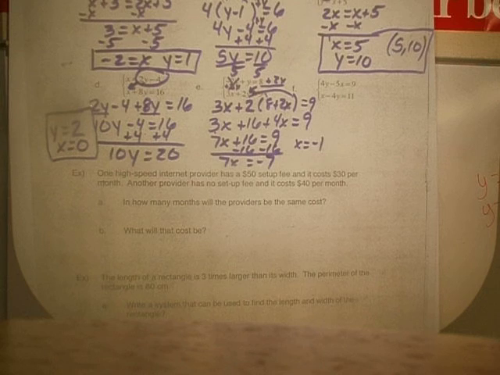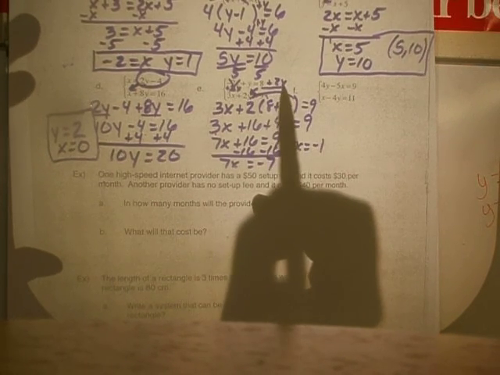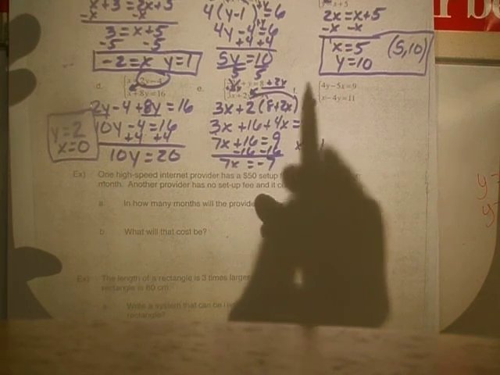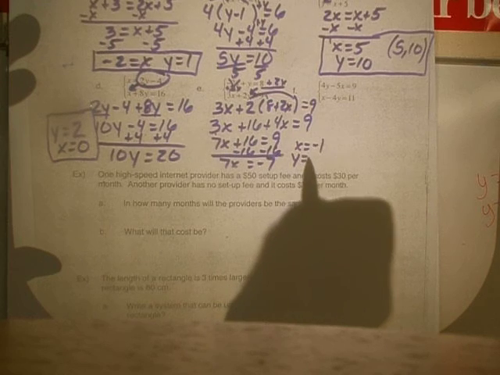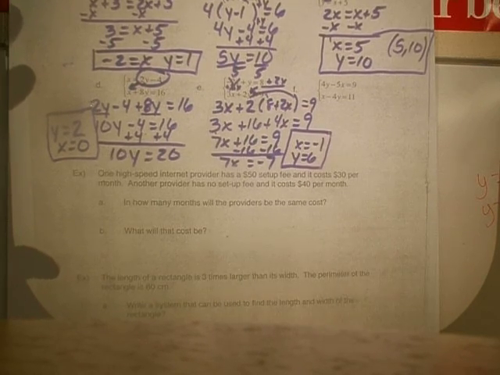Now that we have what x equals, we can put it into any of those equations that we want. I'm going to put it in this one right here. 2 times negative 1 is negative 2, and 8 plus negative 2 is 6. So x equals negative 1, y equals 6.